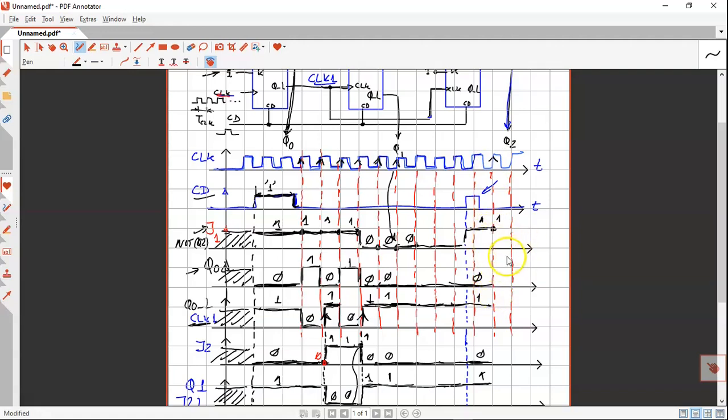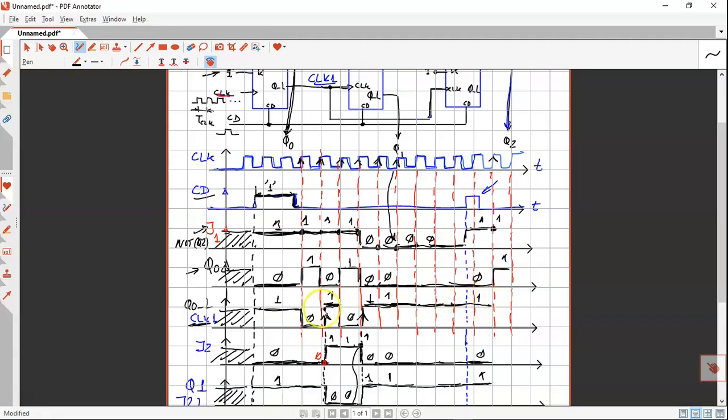Just a last turn in the last period to see that you get the same thing as you are expecting, right? Let's do it again, one more time. If you are sampling a 1 in J1, this means that now, not as before, when you were sampling many times zeros, now you are sampling what? A 1. So 1, 1 means that the Q0 is going to switch in this red vertical line.